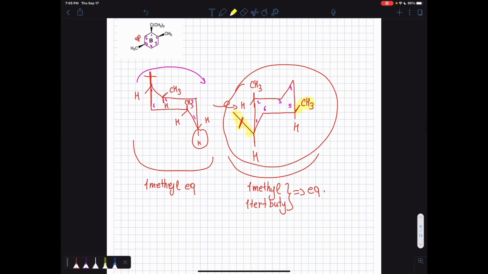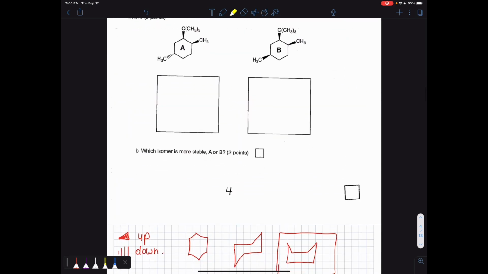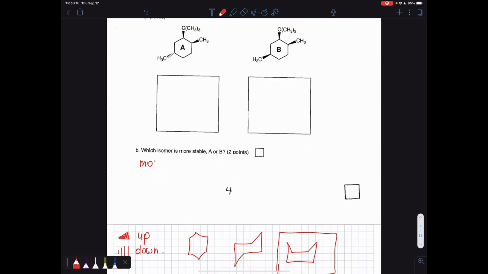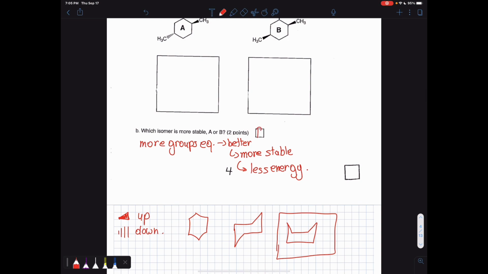So thus, you guys have to remember, the more groups on the equatorial, the better, or the more stable. And also, guys, remember, this means there is less energy. And that's caused by having less steric hindrance around the 1,3 diaxial. So the answer will be here, B.